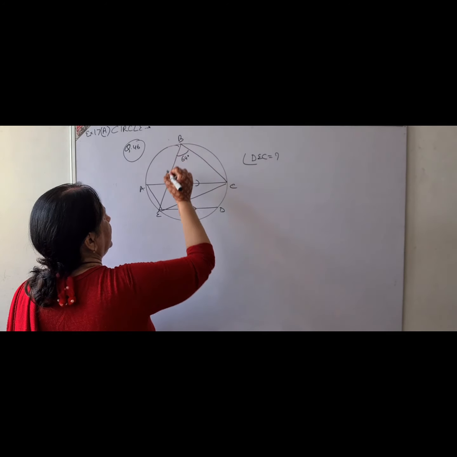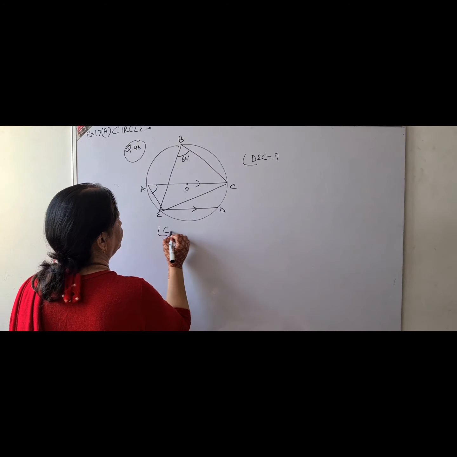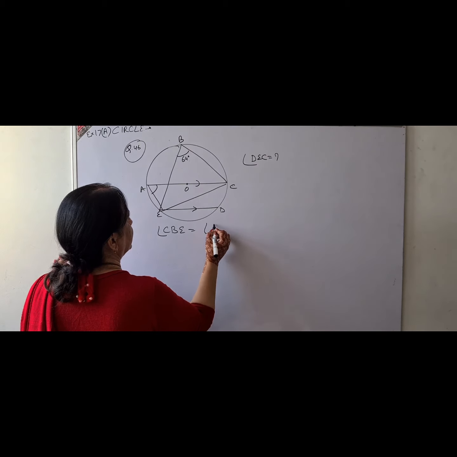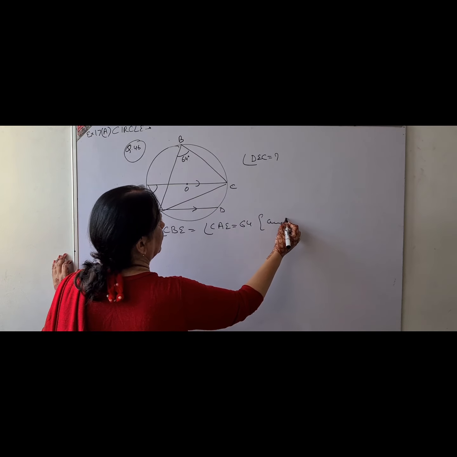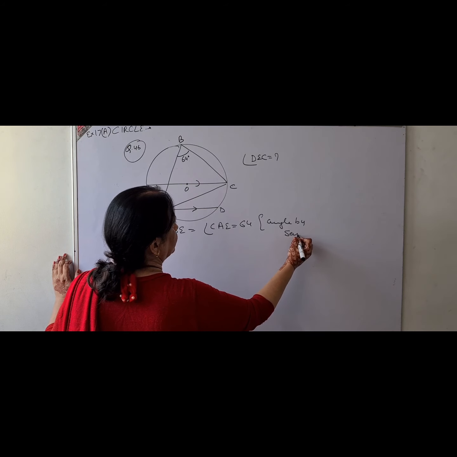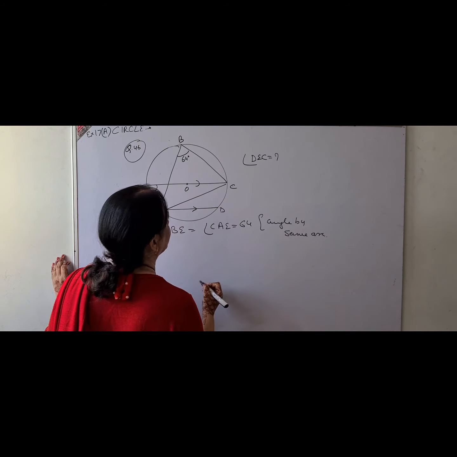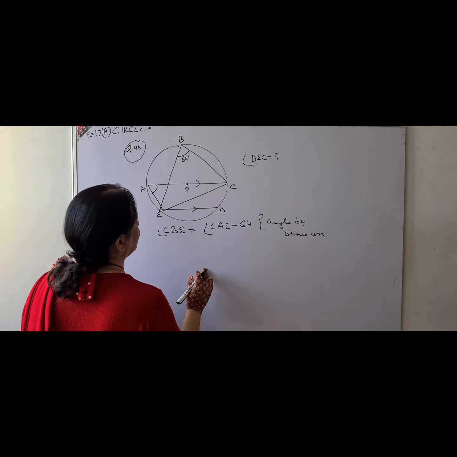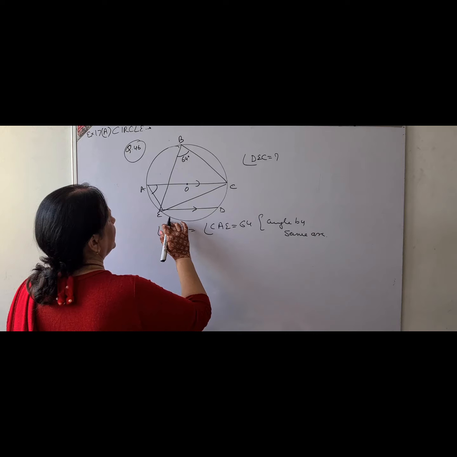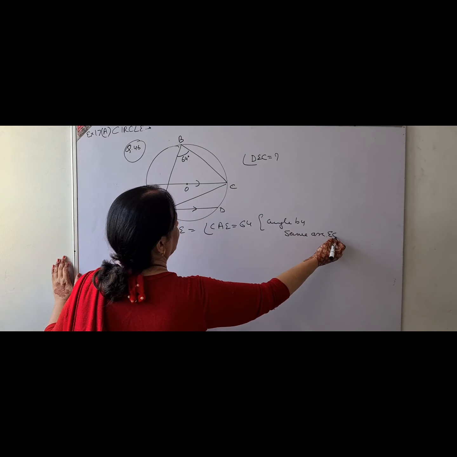Angle CBE is equal to angle CAE, 64, angles by the same arc. Want to mention the arc? You had better mention the arc. It will be careful. It will be good for you. EC is the arc, so you had better mention the arc.